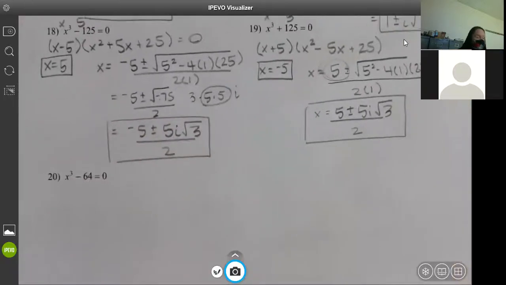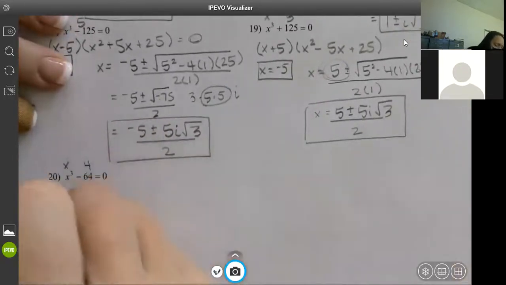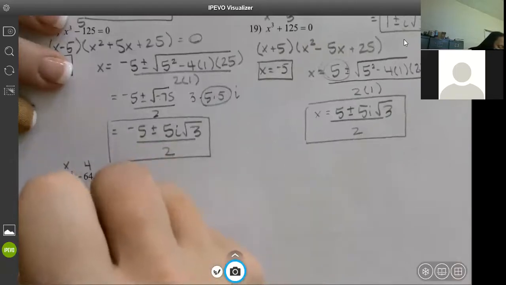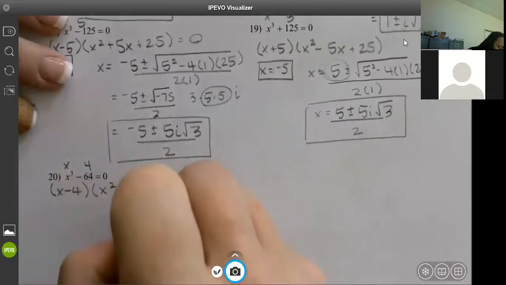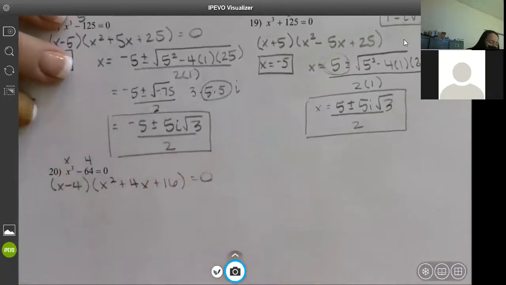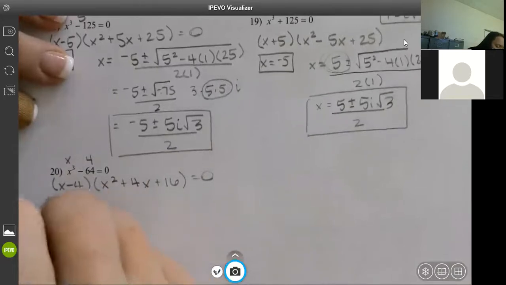Last one, we have x and 4. So our first factor is x minus 4. Square the first, change the sign, multiply them together, square the last. To solve the first one, just change the sign, so that one's easy.